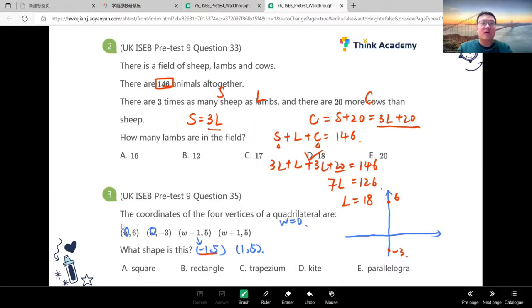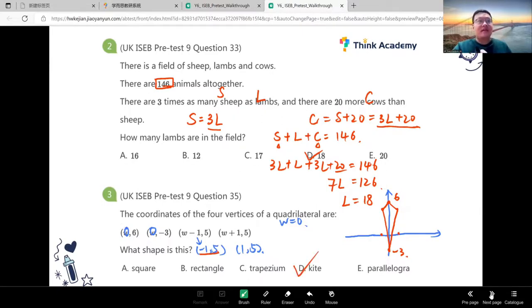As for this one, minus 1, 5: minus 1 is going to be at this place, and 5 is a little bit lower than 6. Also 1, 5 is going to be at this place. Now you have to connect these 4 points. So you see, it's not a square, it's not a rectangle, it's not a trapezium, it's not a parallelogram, it is a kite. So that's why you choose D.